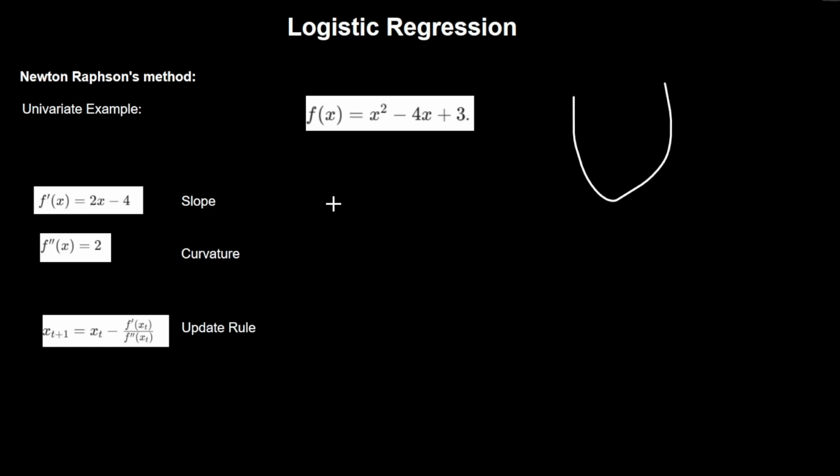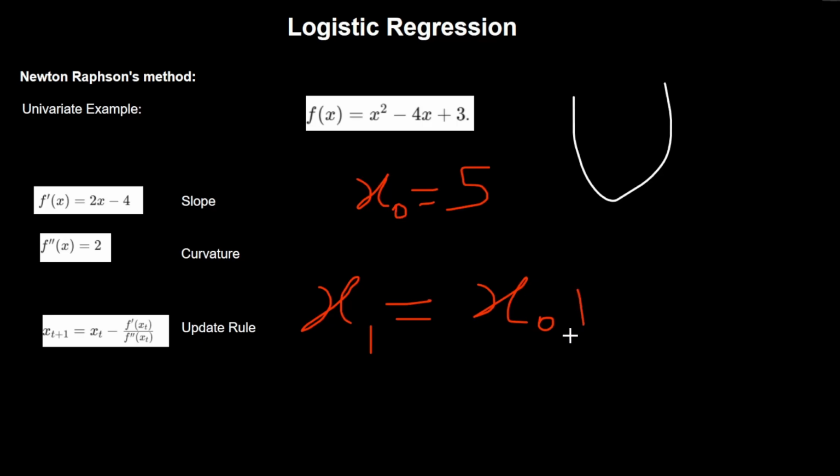So let's start with a random guess. Let's take our current coefficient as 5. When it is 5, we first need to find the slope, so we can find the next position. In order to find that, we need to substitute into the slope divided by the curvature.